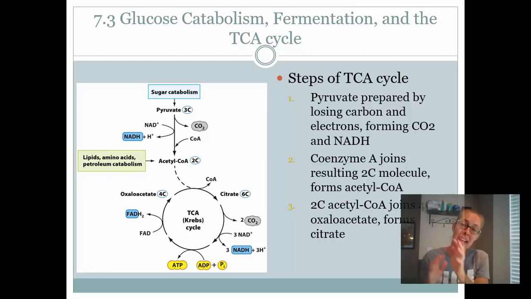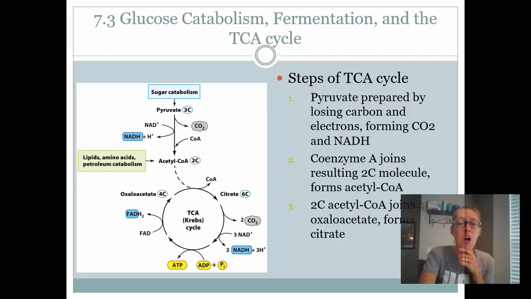In breaking down that pyruvate and taking that carbon off, we are also going to reduce NAD. So as pyruvate is oxidized, we reduce NAD to NADH. So we're going to produce some electron carriers. This is our first step.